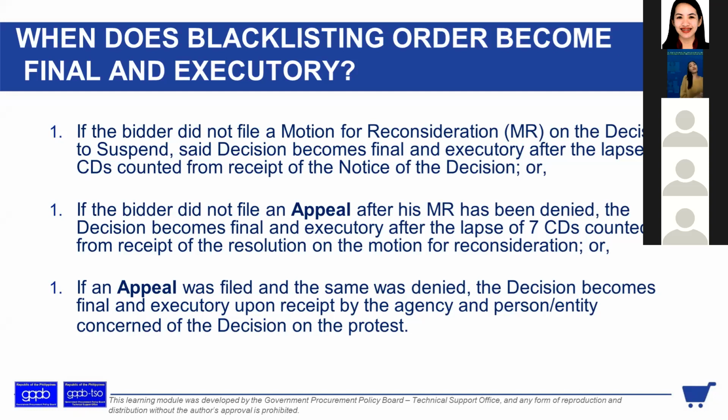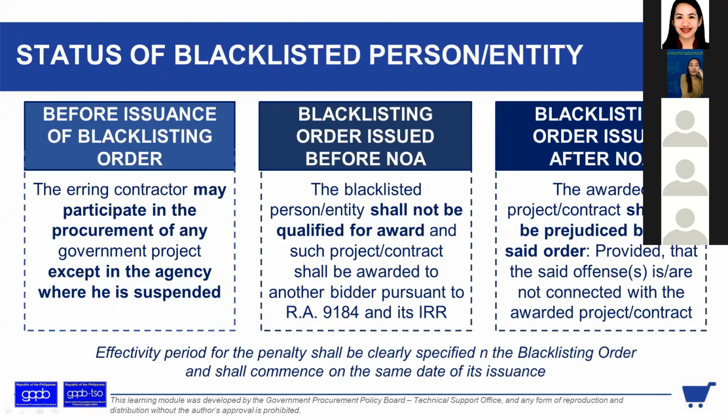So we go to, before issuance of blacklisting order, ano ang status ng blacklisted person or entity? The bidding contractor may participate in the procurement of any government project. Pwede pa siyang makisali sa ibang government project except in the agency where he is suspended. Now, in general, we're talking about a blacklisted person, whether he is blacklisted during procurement stage or during contract implementation stage.